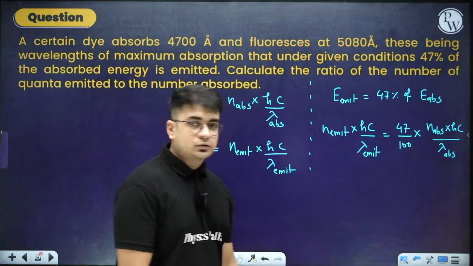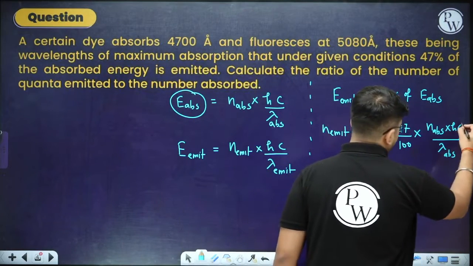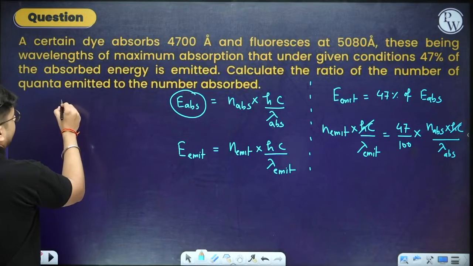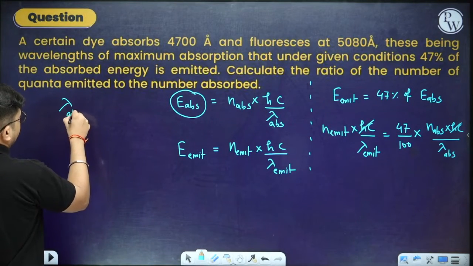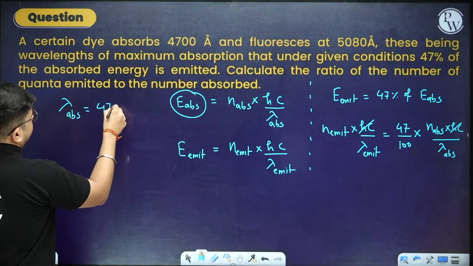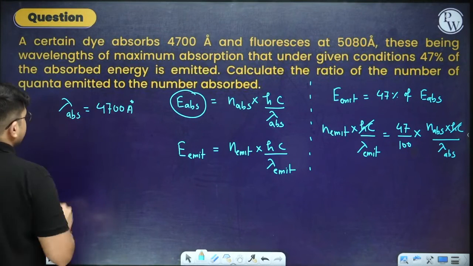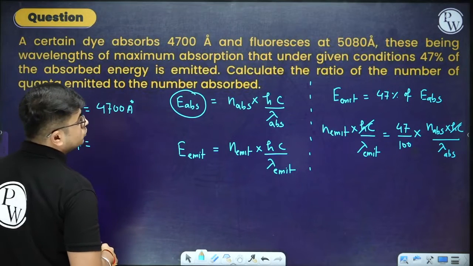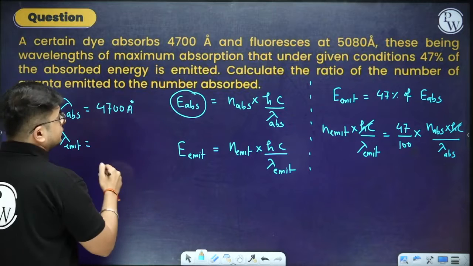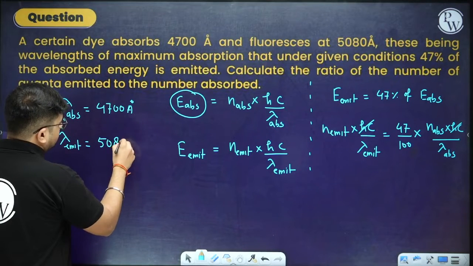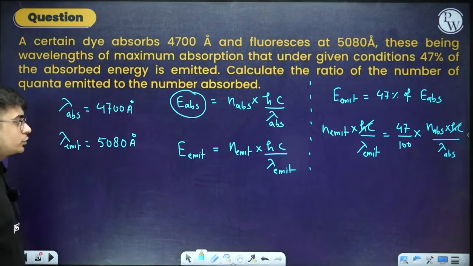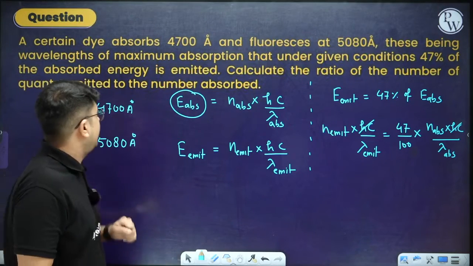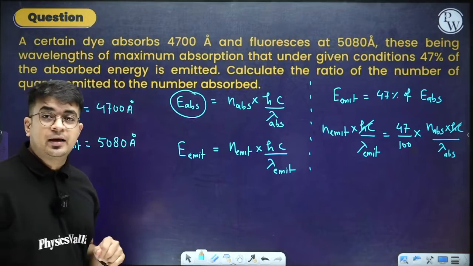Okay, so hc and hc are the same, so you can cancel out this part. Now the certain dye absorbs at 4700, so lambda absorbed will be 4700 angstrom, and lambda emitted is basically the fluorescence at 5080 angstrom. So you can put the values here, and you have to calculate the ratio of the number of quanta emitted to the number of quanta absorbed.